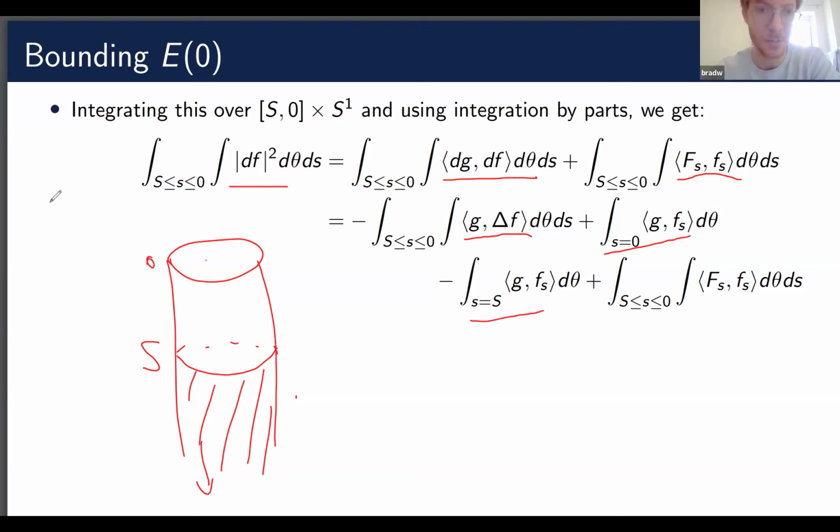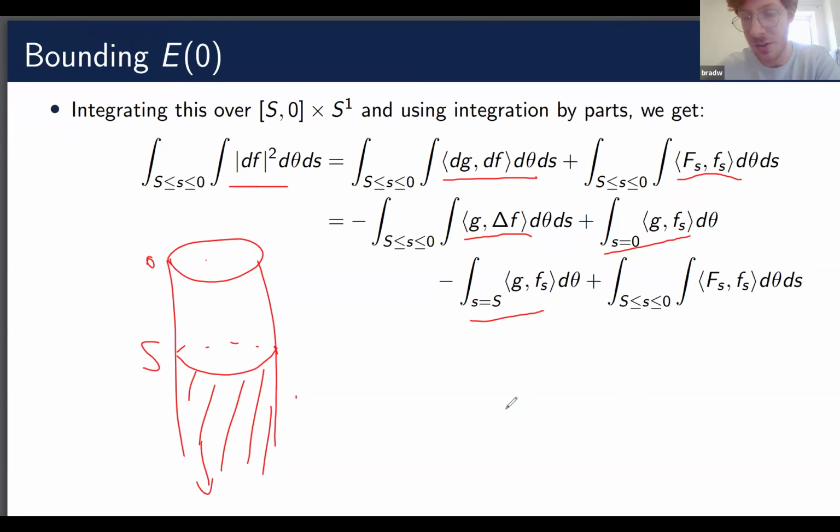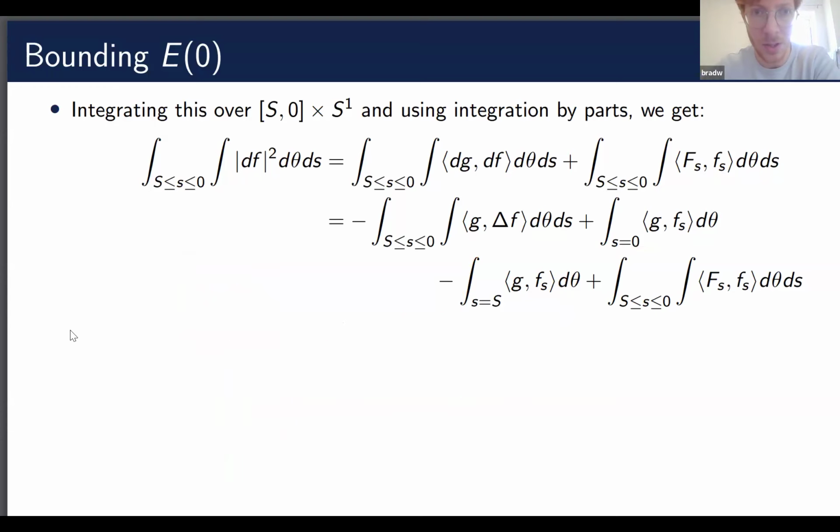And the idea is that as we take the limit as s goes to minus infinity, this boundary term will go to 0 because we said that the derivative f_s was tending to 0 as s goes to minus infinity. The other one stays, but that's all right. Okay, so let's clear this.